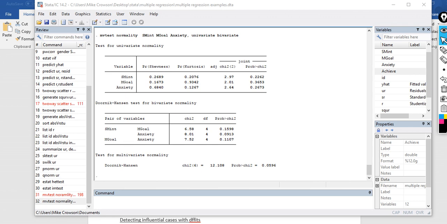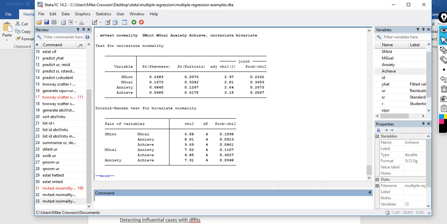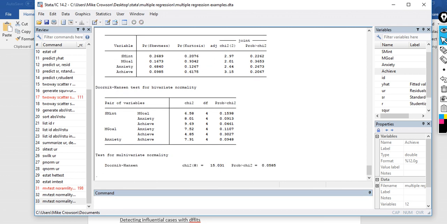But again, this is kind of a useful approach if you want to look at multivariate normality related to the variables in your model. And I inadvertently left out the achieve variable. If I want to include that as well, I can certainly do that. And so there it is. So you can see there's achieve, evidence of univariate normality.